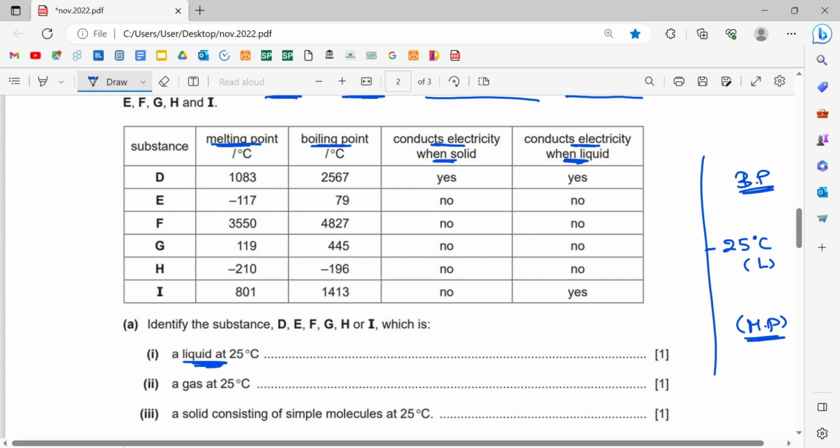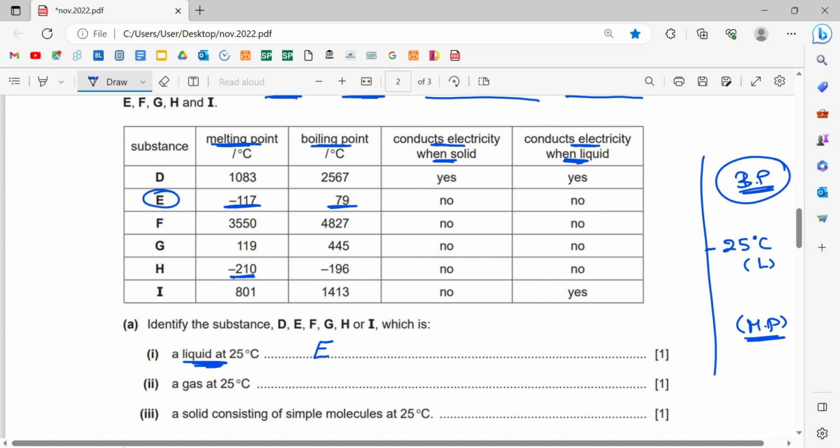So which substance here has a melting point below 25? Below 25 is -117 and -210. So it is E or H. What about the boiling point? The boiling point should be above 25. Above 25, this is the 79. So here our substance is E.